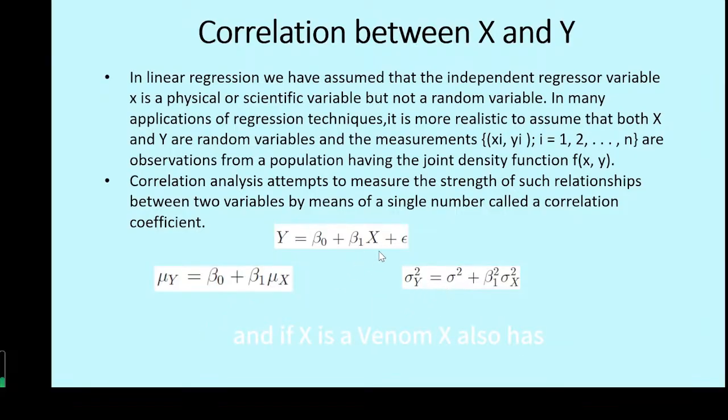If x is random, x also has a variance, sigma x squared. Because the two are independent, the variance of y is sigma squared plus beta 1 squared times the variance of x. And the mean of y is the mean of x times the coefficient plus the intercept. Here beta 1 is the slope coefficient.